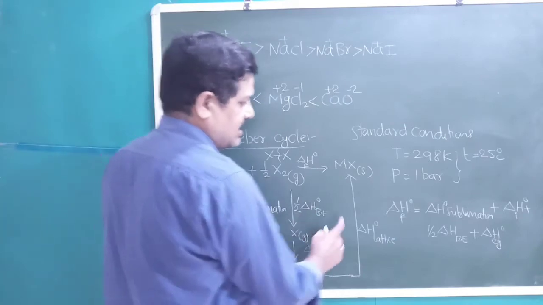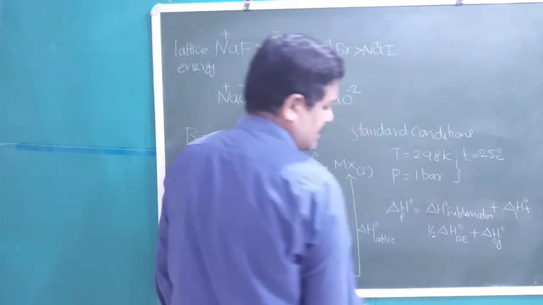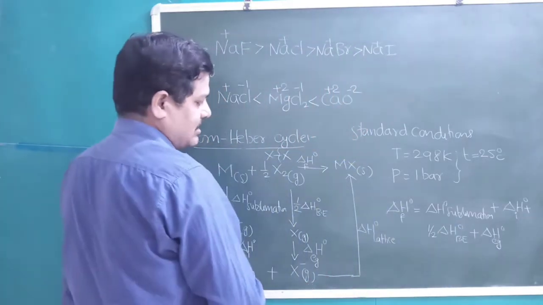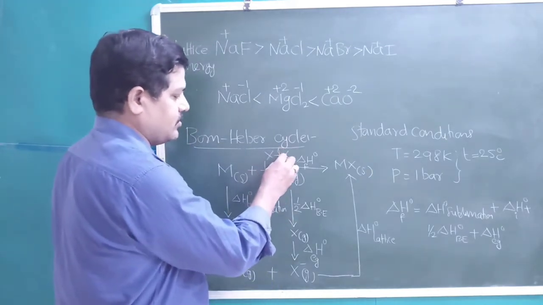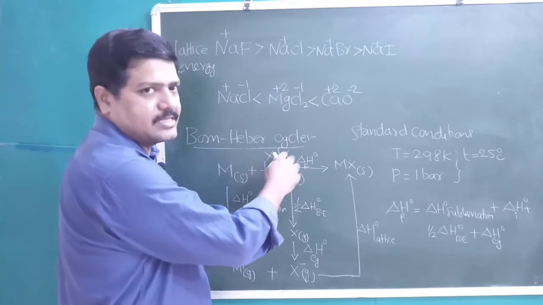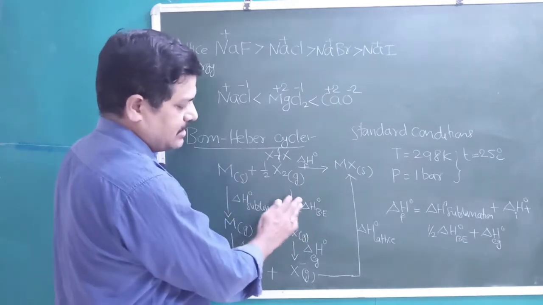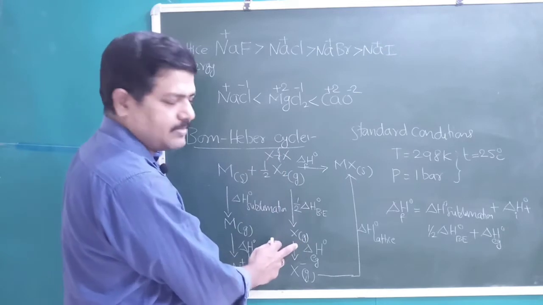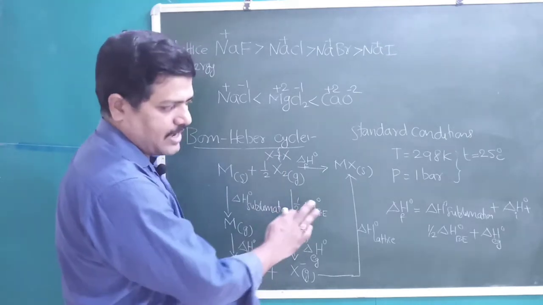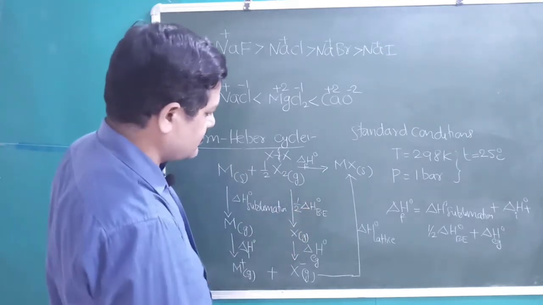Bond dissociation energy delta H naught BE is the enthalpy change accompanied to break 1 mole of these molecules into atoms. For us only one atom is required, so we should take half of that value, right?